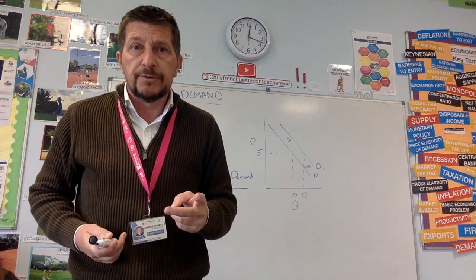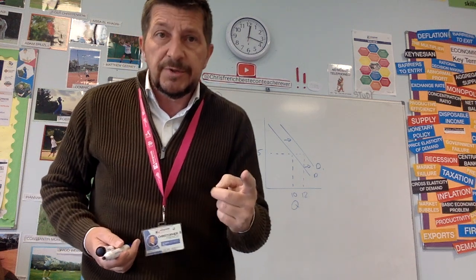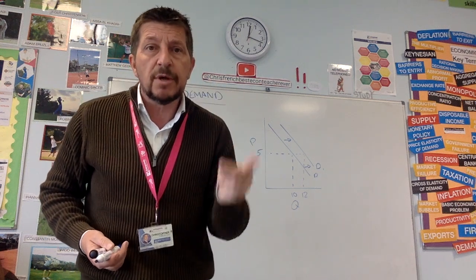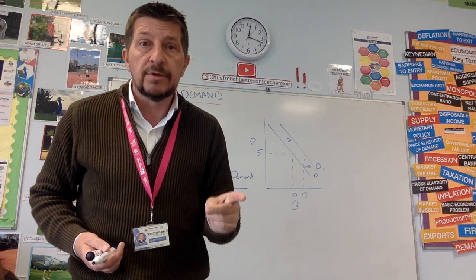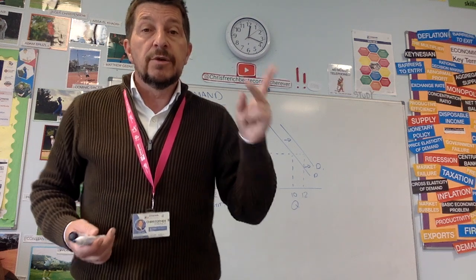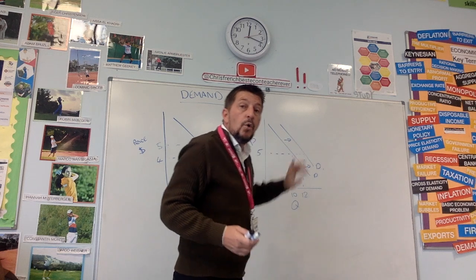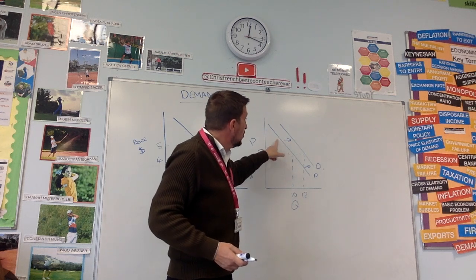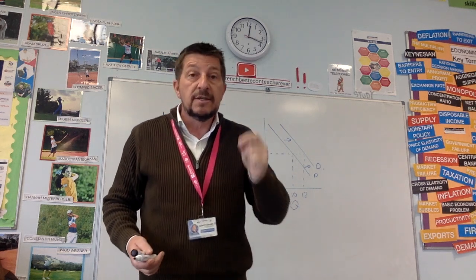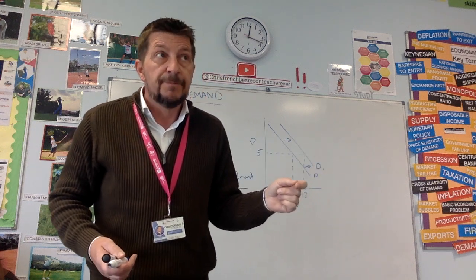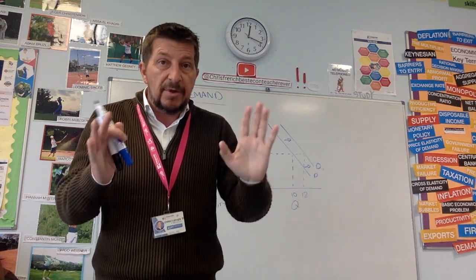But those are the big ones, okay? Changes in people's incomes, changes in the price of other goods, complementary goods, or substitute goods, okay? So these will create a shift in demand to the right, or they could create a shift in demand to the left, okay?